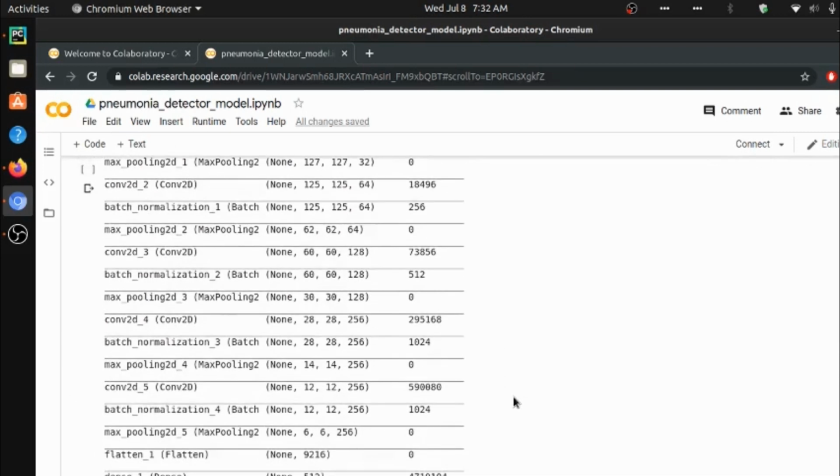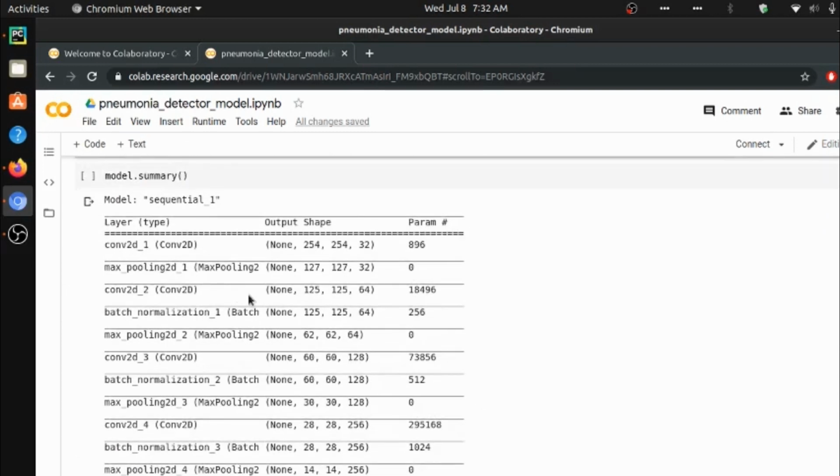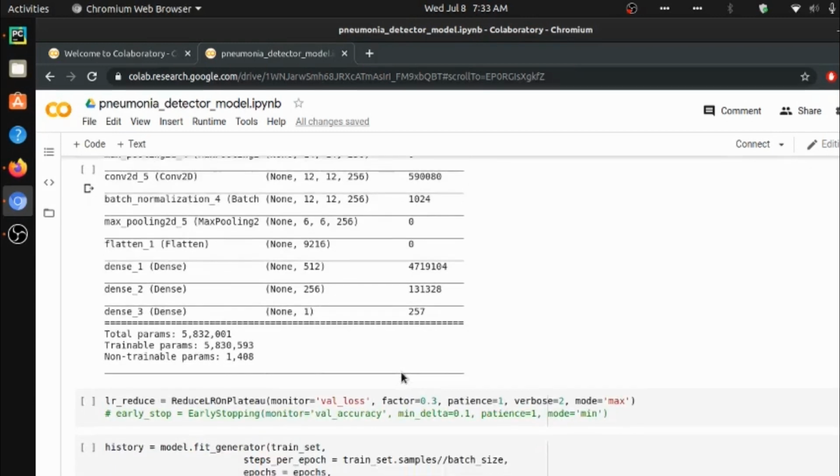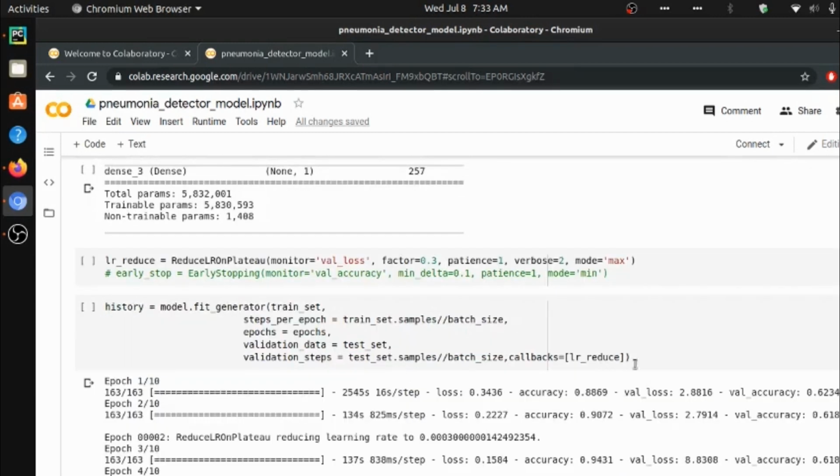So this is the basic architecture of our model. This is the summary of our model also. First we have a convolution layer, then a max pool layer, then a convolution layer, then a batch normalization layer, and so on. So this is the architecture of our model, and then we train our model.